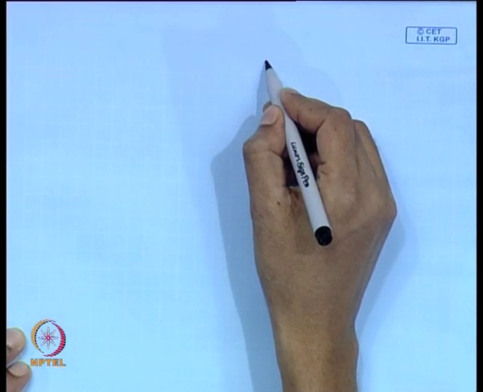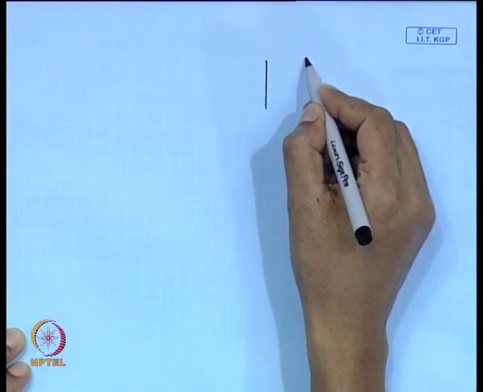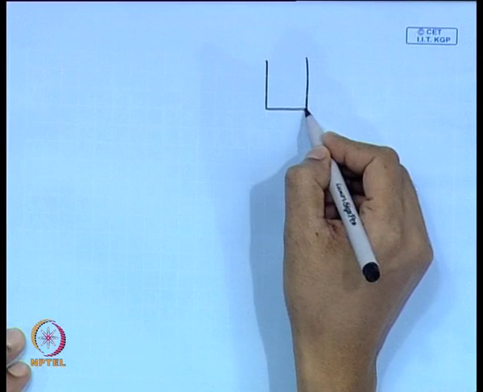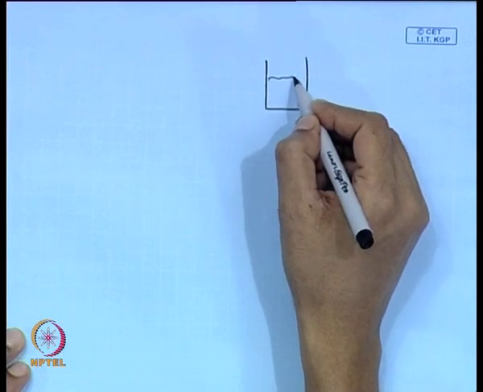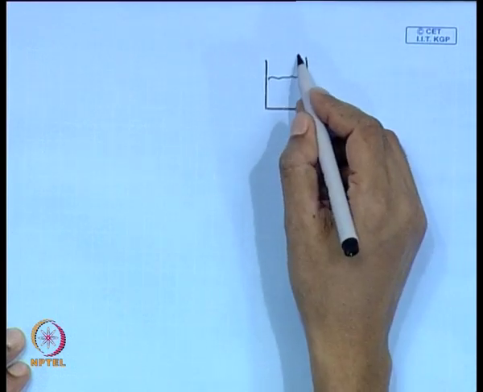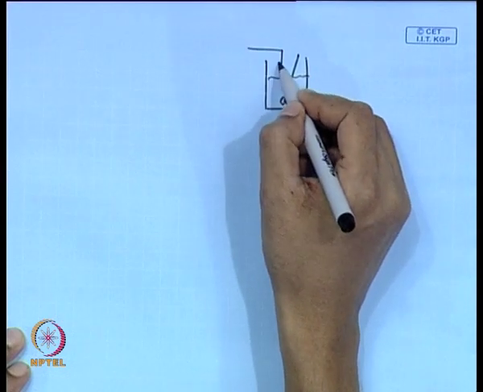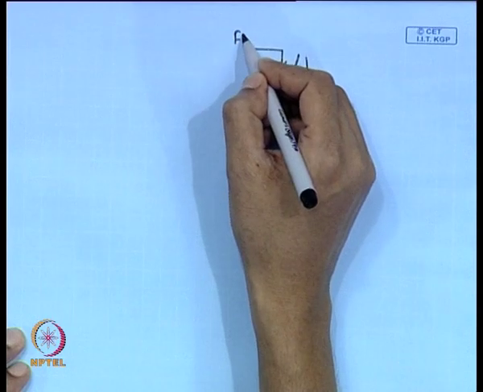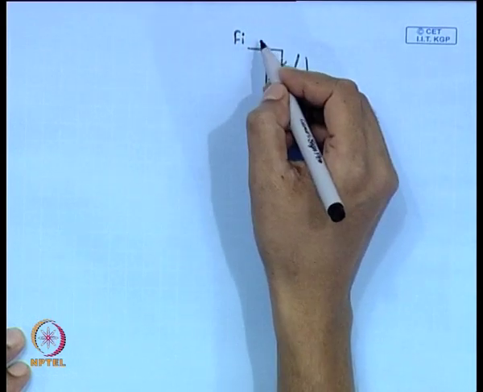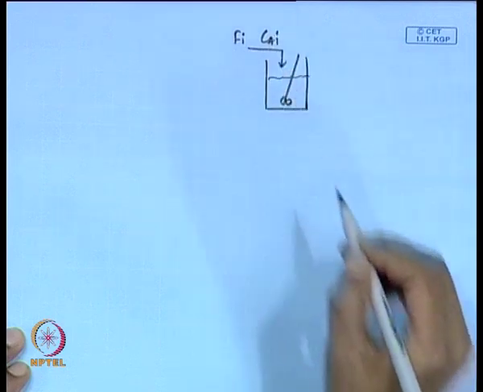Now, the schematic representation of an isothermal CSTR is like this. Inlet flow rate is Fi, concentration is Cai.